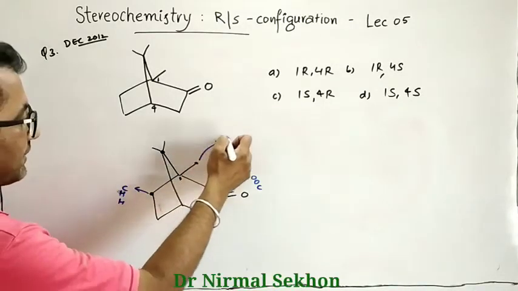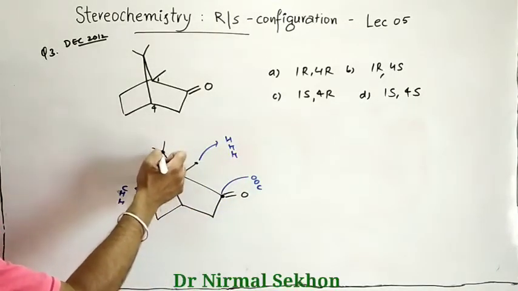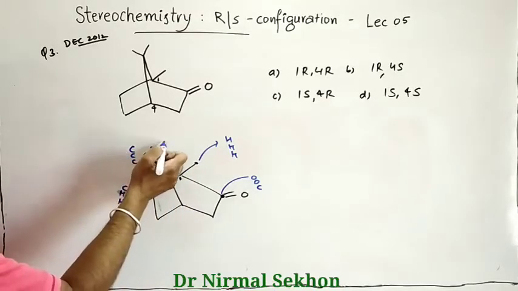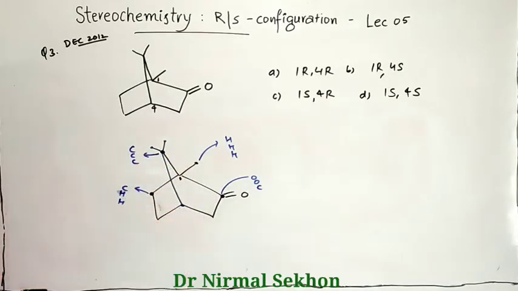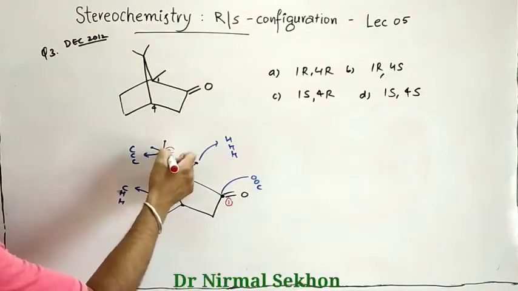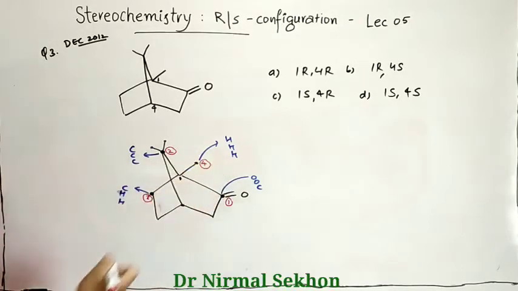This carbon is connected to HHH, and this carbon is connected to CCC. This side C, and this side also C. Now you can easily write 1, 2, 3, 4. So this will get number 1, CCC will get number 2, CCH will get number 3, and CHH will get number 4.